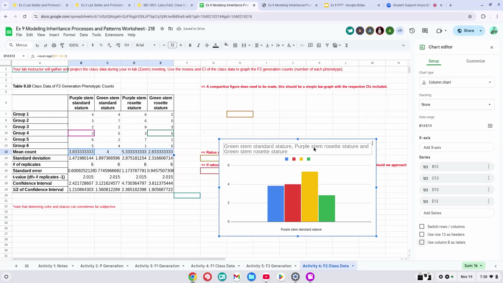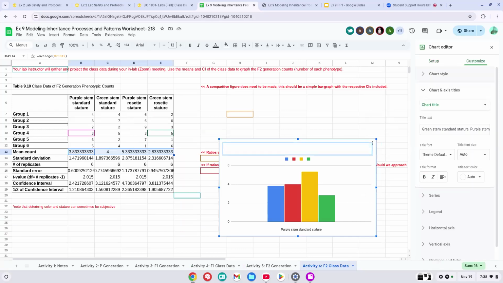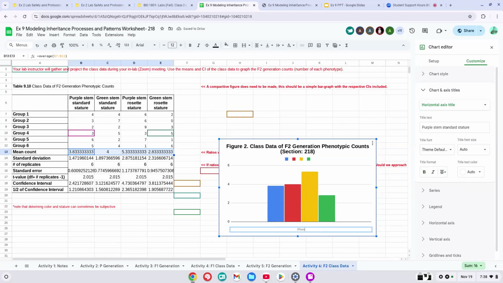Okay, let's put a title on this, and we'll make it look a little pretty so we can get used to doing that. Right now, let's go down here, and this should be our phenotype.